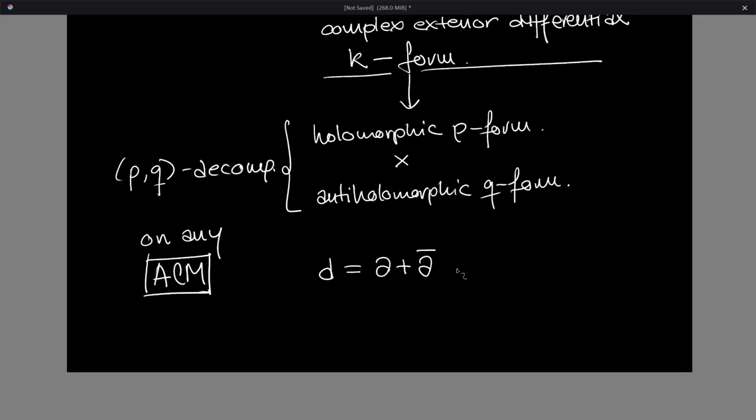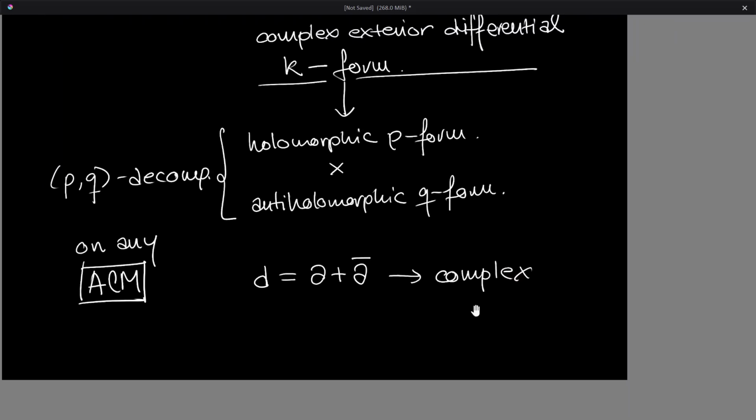That's going to require you to be a complex manifold, because it requires J twiddle to be integrable. And we'll see the proof of this in the next part of the lecture.